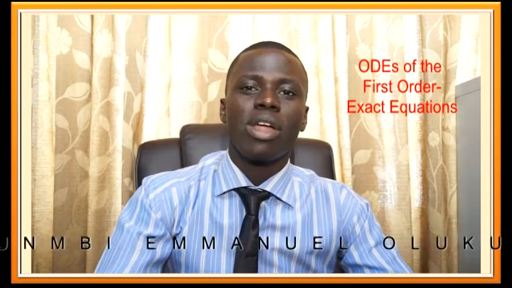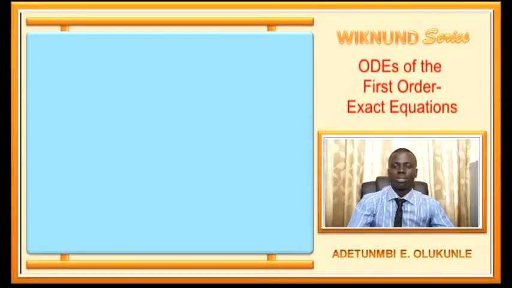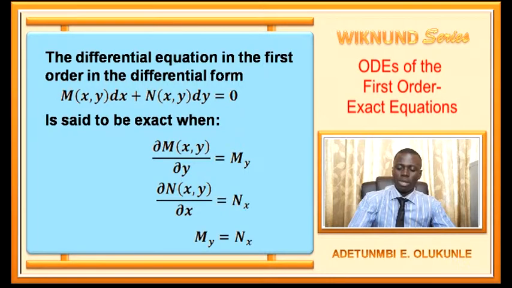So when do you say an ordinary differential equation of the first order is exact? Given the differential equation of the first order in the differential form, M(x,y) dx plus N(x,y) dy equals 0, this is said to be exact when you differentiate your M of x,y with respect to y, let's call it My, and you differentiate your N of x,y with respect to x, let's call it Nx partially, and your My equals Nx.